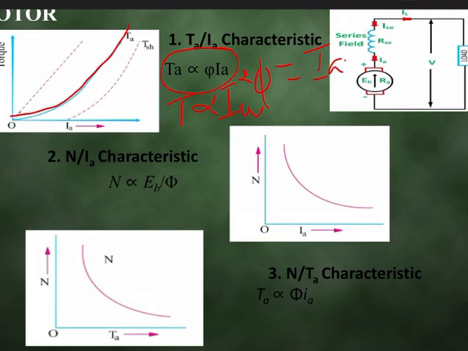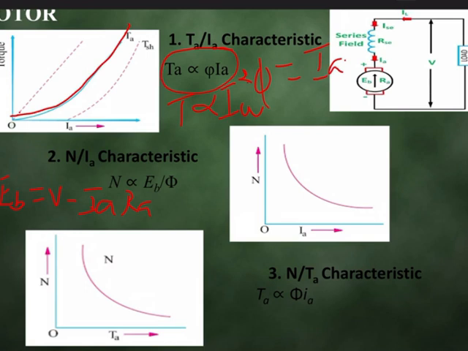Now let us go with the second one, speed versus armature current. From the relation we already know that speed is directly proportional to back EMF and inversely proportional to flux. The equation for Eb is given by V minus Ia Ra in case of a DC series motor.